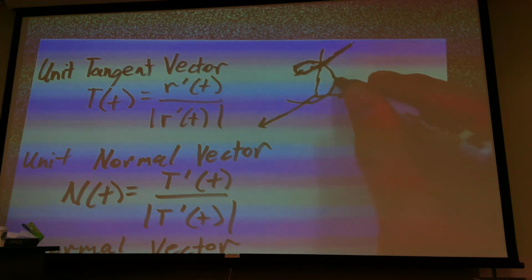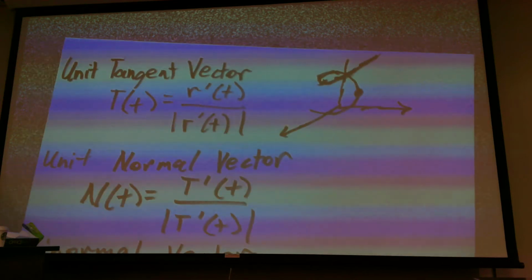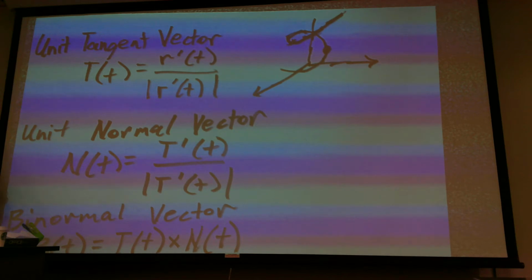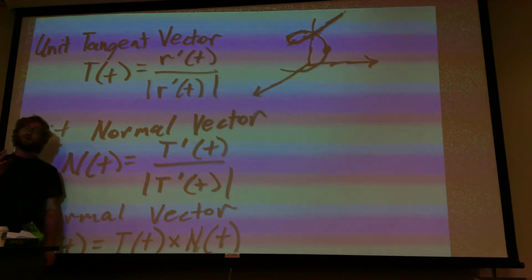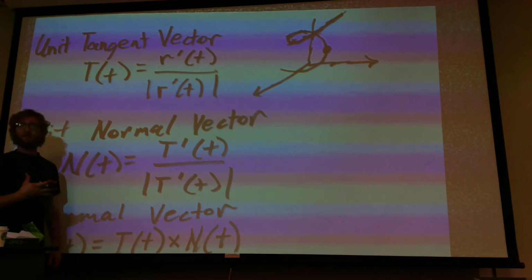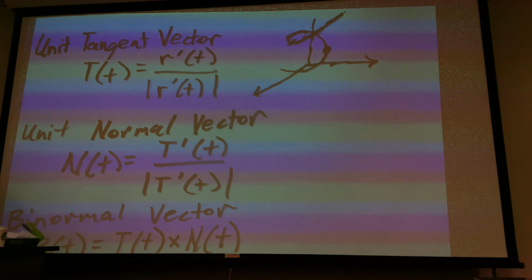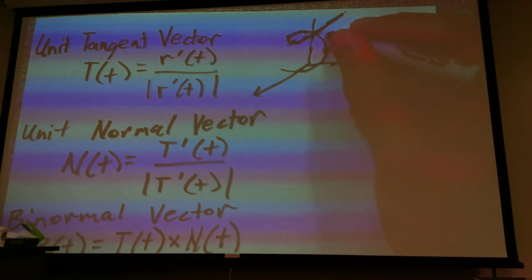In the past couple of videos, when I talked about finding the equation of a tangent line to a curve, well, what is the unit tangent vector going to describe? It's going to be the vector that is just tangent to the curve, right? So this is going to lie tangent.